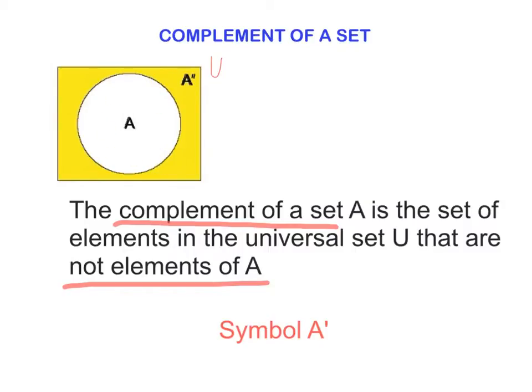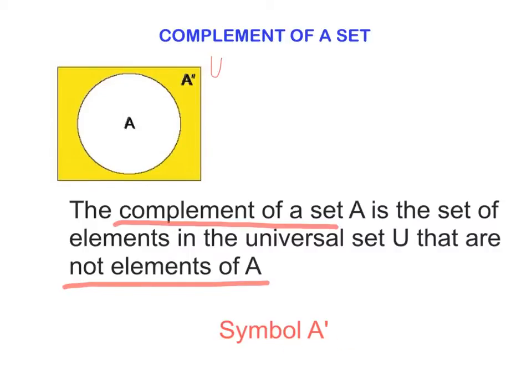So the complement of a set A is everything outside A. As you can see, this region is shaded in yellow, so everything outside set A, and the symbol for complement is A with a little comma on the top.